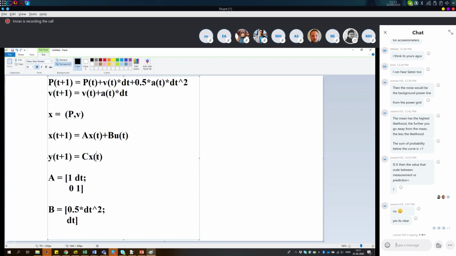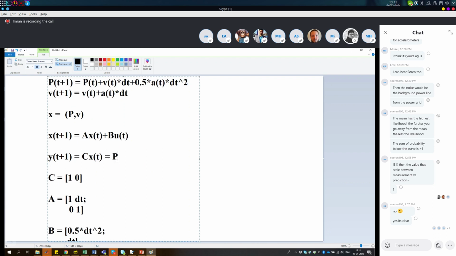If I am only able to measure the position, then matrix C will be equal to 1 and 0. Because then 1 and 0 multiplied with p and v is equal to the position. So you are able to measure position.